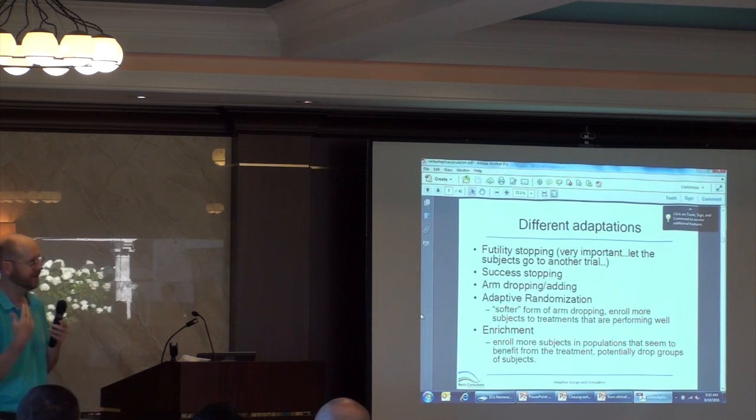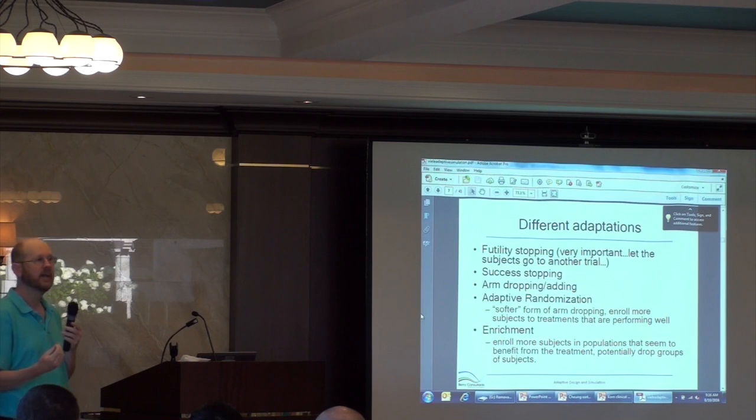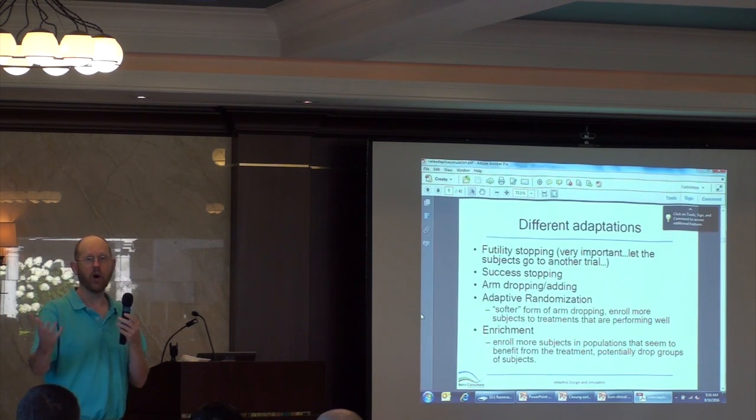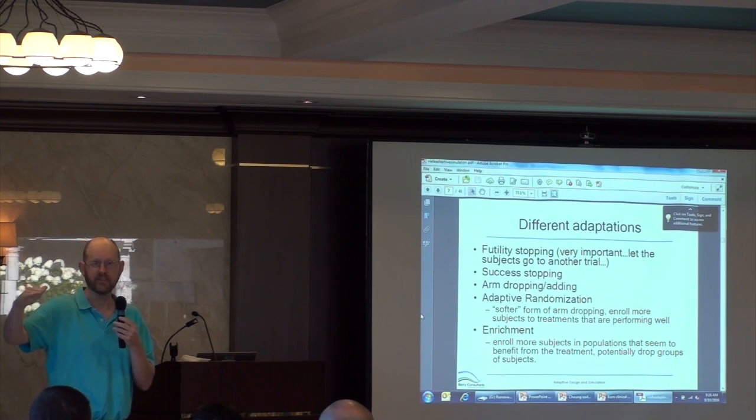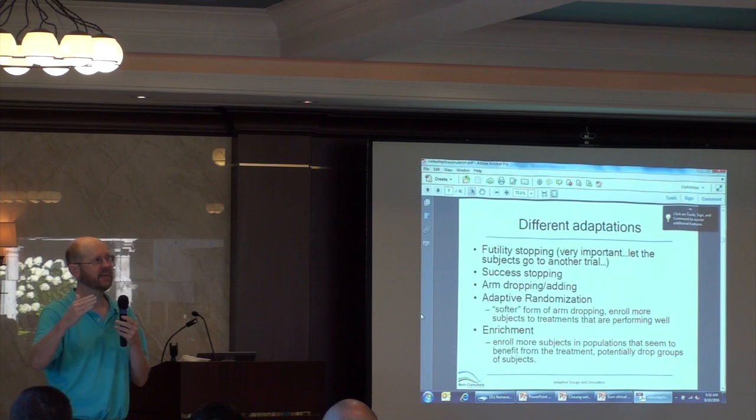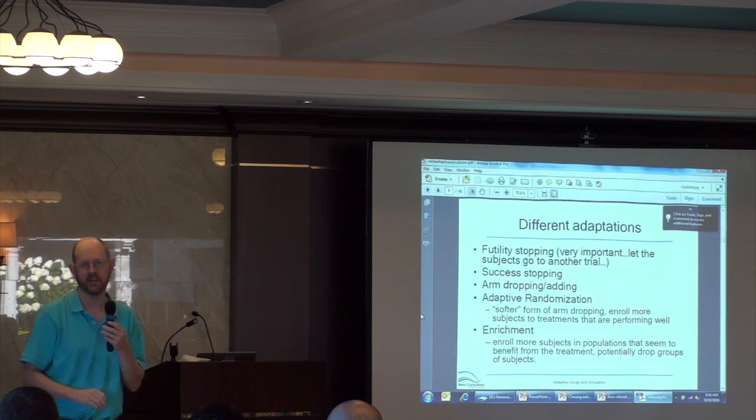Adaptive randomization is a softer form of this, where if a treatment starts to do bad, instead of allocating it 4 arms, you might be allocating 25% of your patients to arms in a fixed fashion. Adaptive randomization says if you start to do bad, we're not going to drop it to 0, we're not going to get rid of it, but it's going to start to have 20%, 15%, 10% of the patients.